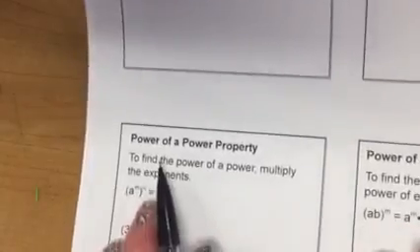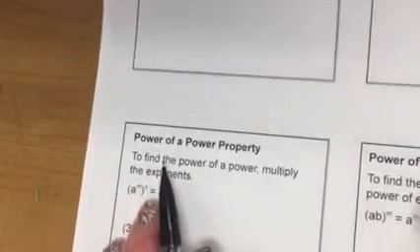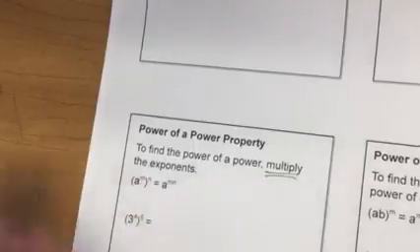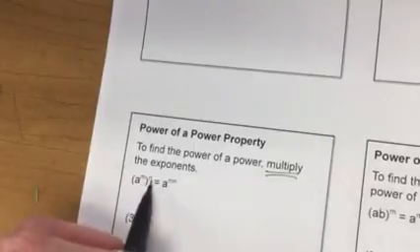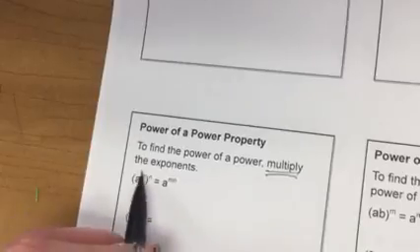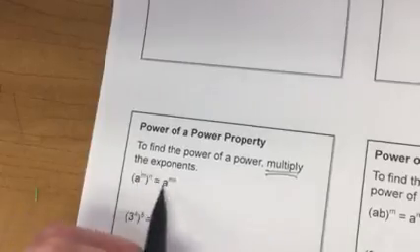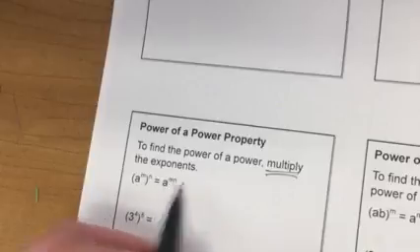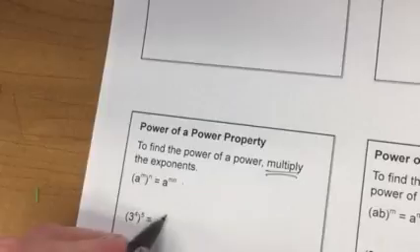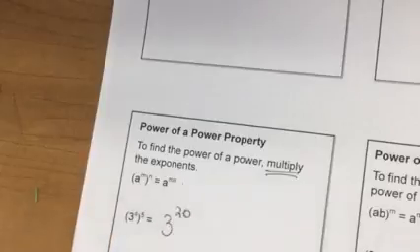If I have a power of a power, you multiply the exponents. That means I've got a power on the outside. So a to the m to the nth is a to the m times n. So 3 to the 4th to the 5th would be 3 to the 4 times 5, which is 3 to the 20th.